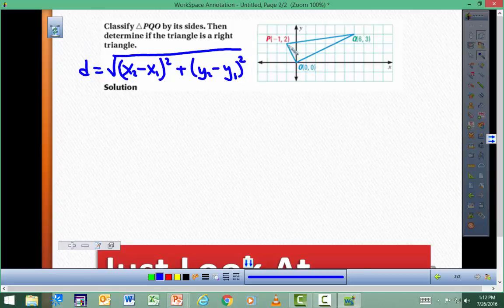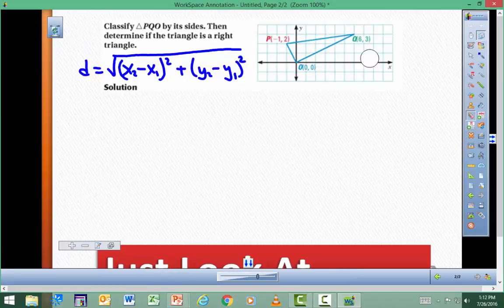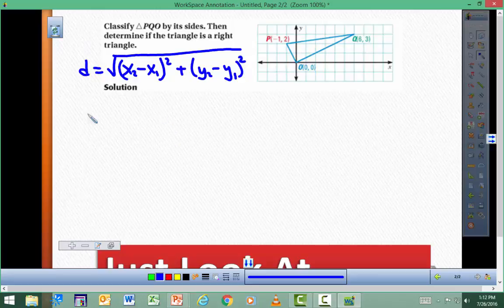So sometimes we can determine the lengths of all the sides and find out if it's isosceles. And it may turn out that this side is congruent to this side. Then we have an isosceles triangle. What we cannot do is just say, oh well, it looks like the sides are all different, so it's scalene. Well, in chapter 4, this first section, we have to determine the lengths by using the distance formula.